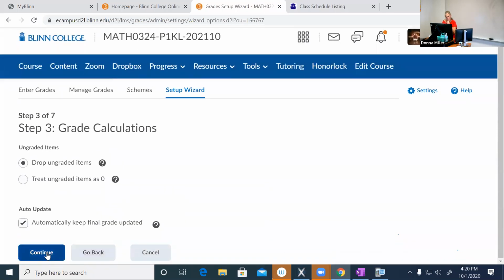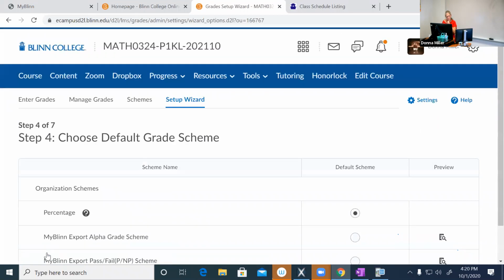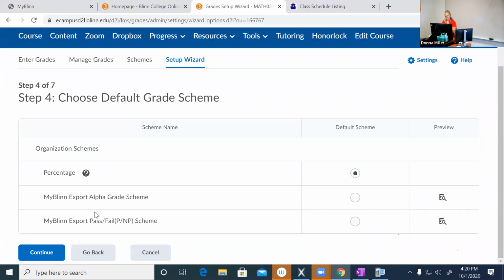All right, does it release the final grade now? You might have to refresh your browser. Release it? It doesn't look like it. Yeah, refresh it again.